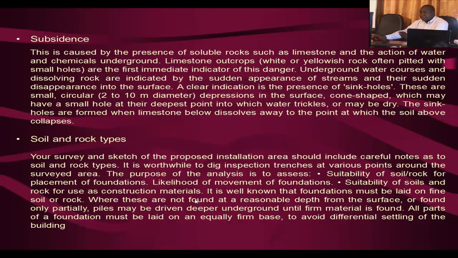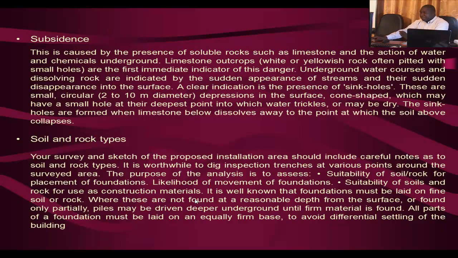6. Subsidence. This is caused by the presence of soluble rocks such as limestones and the action of water and chemicals underground. Underground water that dissolves rocks is indicated by the sudden appearance of streams and their sudden disappearance into the surface.